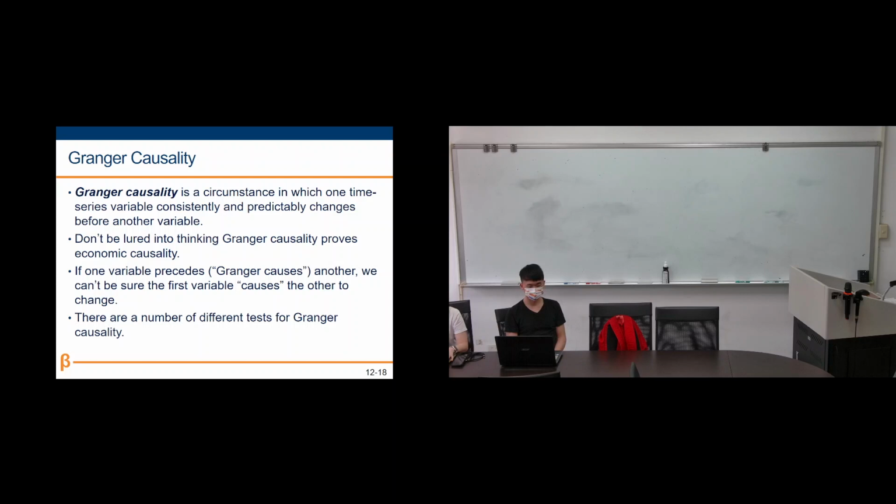It is a circumstance in which one time series variable consistently and predictably changes before another variable. So if we can make sure one of the variables will always precede the other variable, this is the Granger causality effect, especially for time series data. We do have something happen before, then something happen after, right? Because we have some lags.